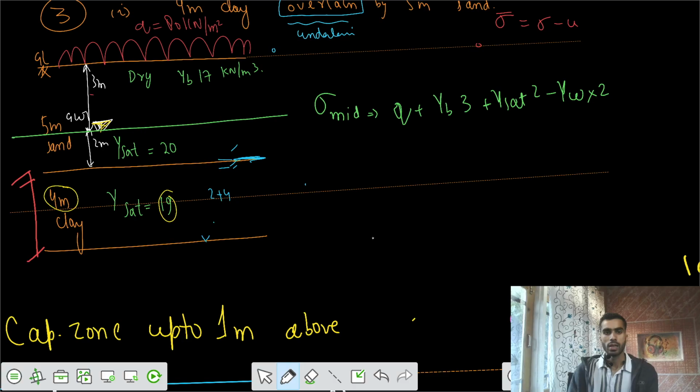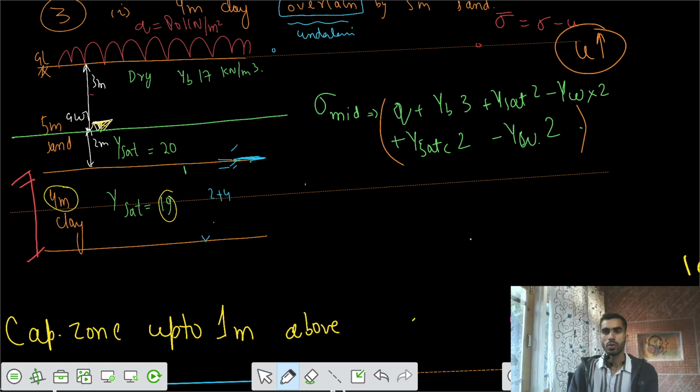After that we have the clay layer of 19, so gamma sat of clay into 2 minus gamma W into 2. After that I have to add one more item, because of the surcharge your pore water pressure also increases. Your value of U also increases by that same amount of Q.